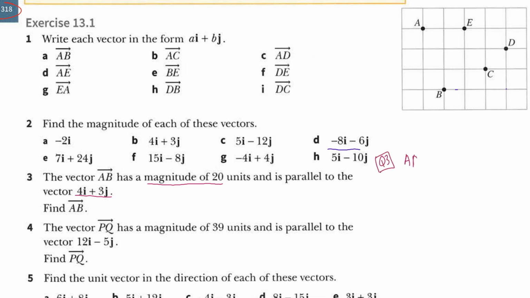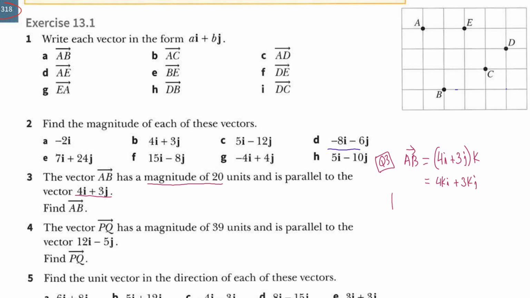Vector AB we can express as follows: the parallel vector of AB is given as 4i plus 3j, and if we multiply it by a constant, it becomes the actual vector. This is the main theory. If we multiply the parallel vector by any constant, it directly turns into that particular vector. So we can write 4ki plus 3kj.